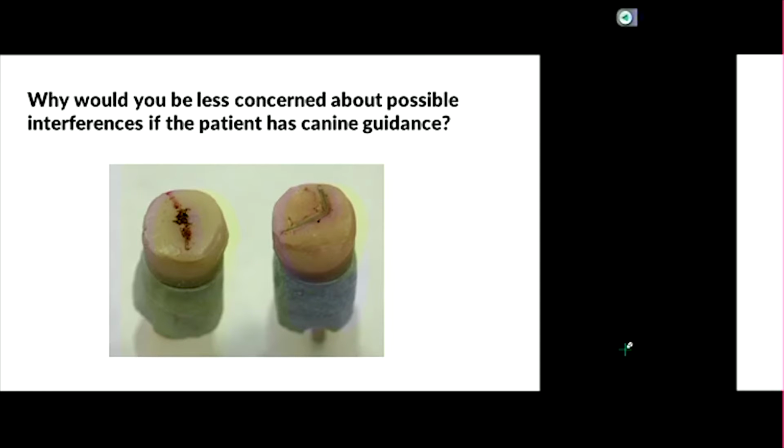So we're going to arbitrarily pick an inclination, okay? So in order to be on the safer side, would you rather set the inclination steeper, or more shallow, in order to give you the best chance for avoiding an interference?